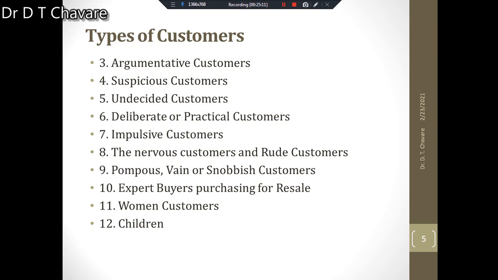Then the next type is also there, impulsive customers. What are those? They are men of action and act on their impulse or spontaneous inclination of that moment. Their actions are quick, jerky, and impatient.